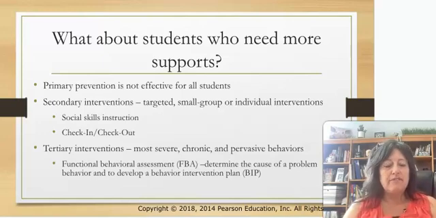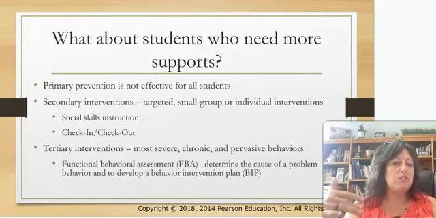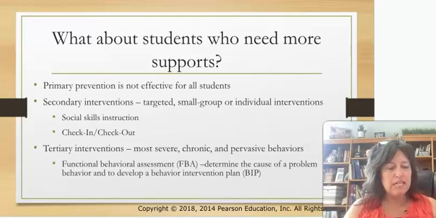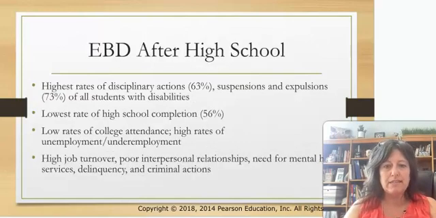And then you're going to have these third level, the tertiary interventions, and this is for the most chronic, most severe, most pervasive problems, and you'll be doing those functional behavior assessments at this stage to figure out what is the cause of the problem behavior, and then develop a behavior intervention plan where you learn to stop or attempt to stop the behavior before it even begins.